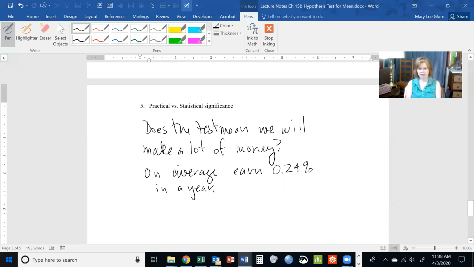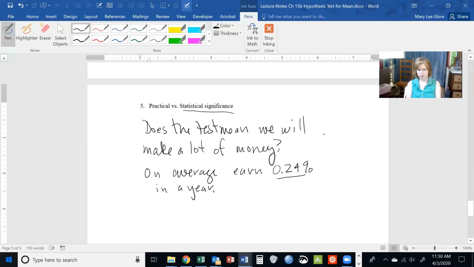So this is significantly higher than 0, but that doesn't mean it's a lot higher than 0. Statistical significance means I have enough evidence to disprove the null.